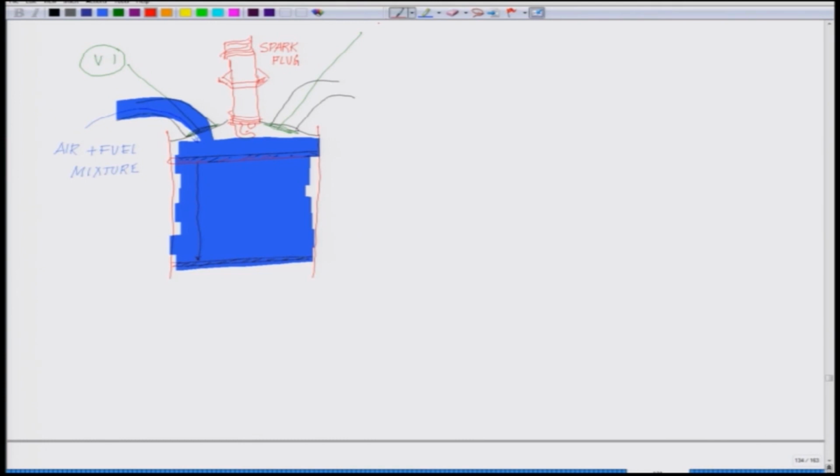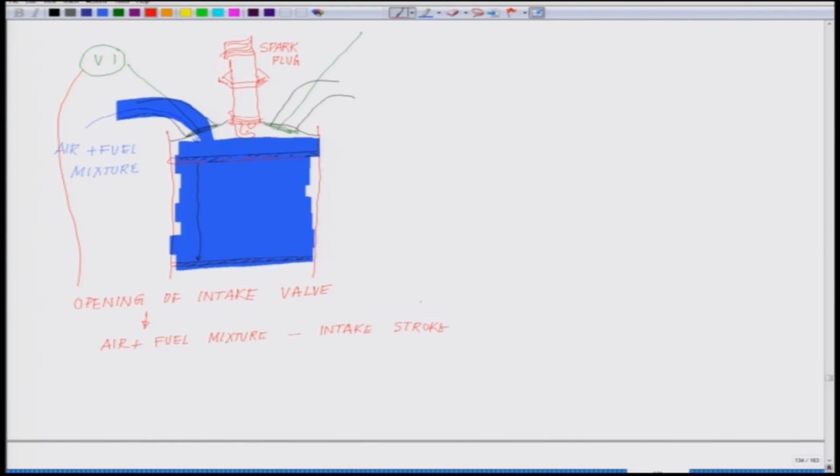Step 1 is that the intake valve opens, followed by step 2, where the air plus fuel mixture moves in, and that leads to the intake stroke.